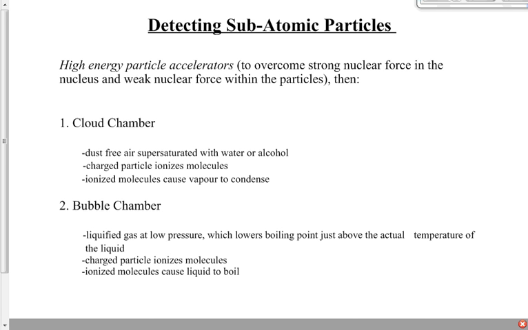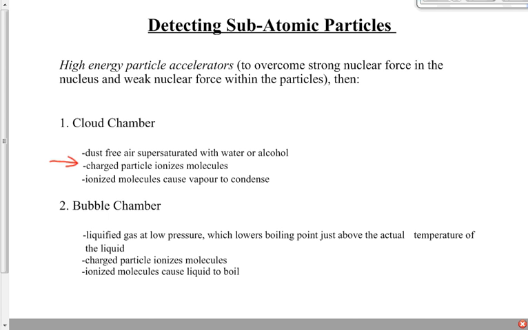Now, these charged particles, by the way, are the products of this collision. It's not the proton. It's what makes up the proton. It's the components that we're trying to observe. These charged particles ionize molecules in here. So the bolts that are flying off the car, the little charged particles that are coming out of the protons, ionize molecules. And then these ionized molecules cause the vapor to condense.